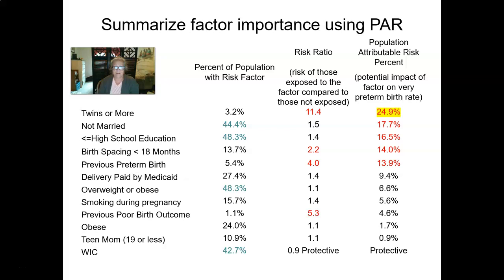And we can talk about this some more, but this is not really a PAR in the research sense when you're trying to identify causes. You know all these things can be causes, but it's just a way to summarize both the percent of the population that has the risk factor and how risky it is. It's summarized in this one number, and that allows you to rank the risk factors and tell the community which ones really are likely to be playing a big role in your community.